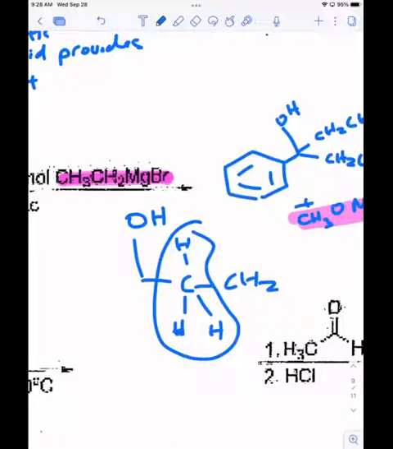This is another way to think about this. If I'm reacting with a Grignard like this one, and I have a CH3 and a CH2, what's the problem with that carbon if I attach through the CH3?